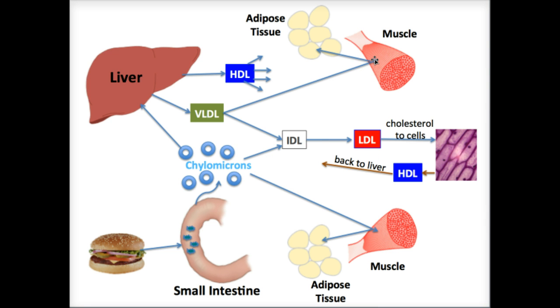And what's not used by muscle tissue is then taken to what I called the adipose hotel and stored in the adipocytes. So I've just captured the real basics here on this slide of what's going on with the particles and where they're coming from and where they're carrying the fats, the lipids.